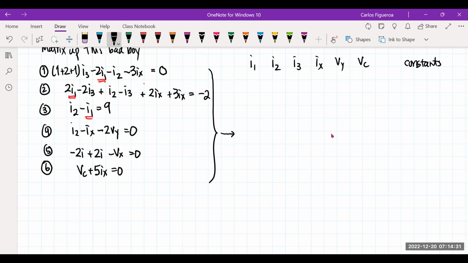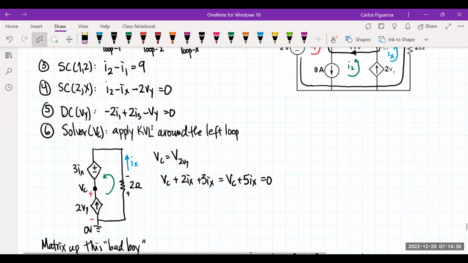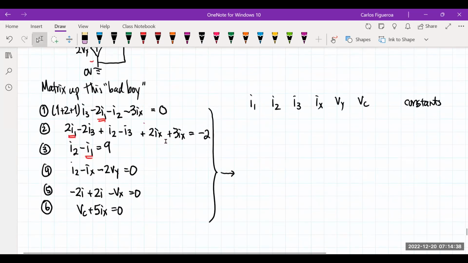Okay, I dropped some signs on equation 5. So equation 5 has 1 and 3. So this is 1 and 3. So you could then see that I have this guy right there. So now I'm just going to start writing them down.